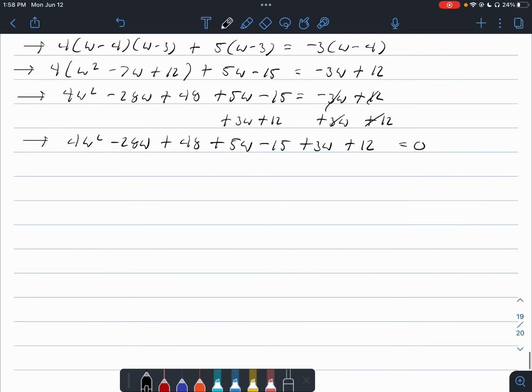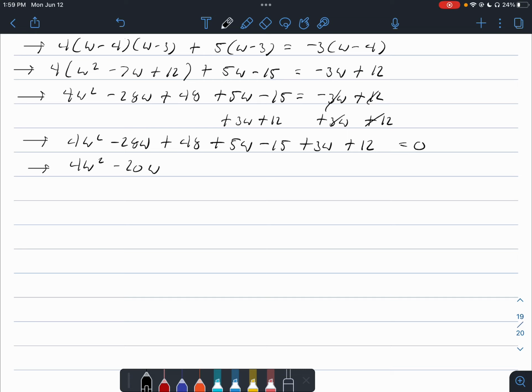And now we combine all of our like terms. So we get 4w squared, and then we have minus 28w, then we add 5w, okay, then we have plus 3w, and we should end up with minus 20w.